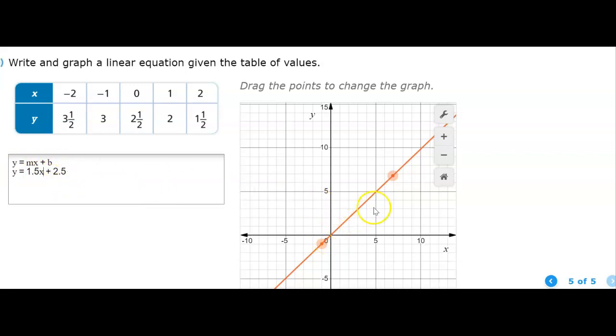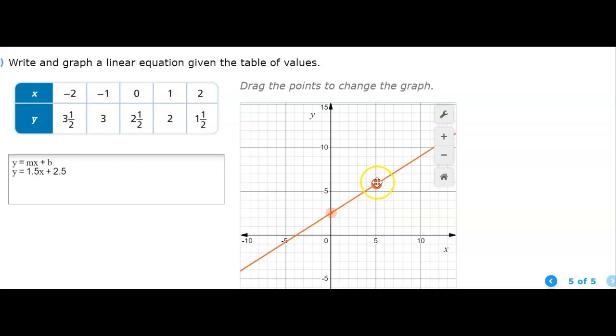And now I need to graph this equation. So my y-intercept, 2.5. That would be 1, 2, 3, 4, 5. So 2.5 would be right in the middle here.